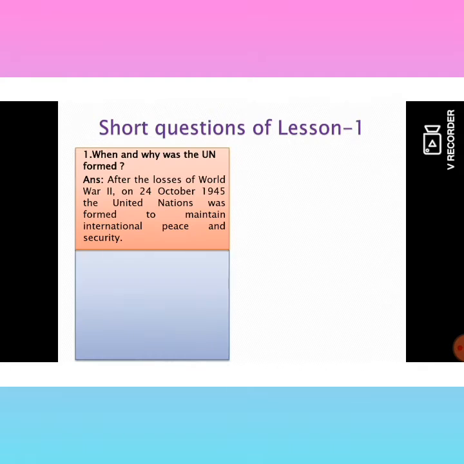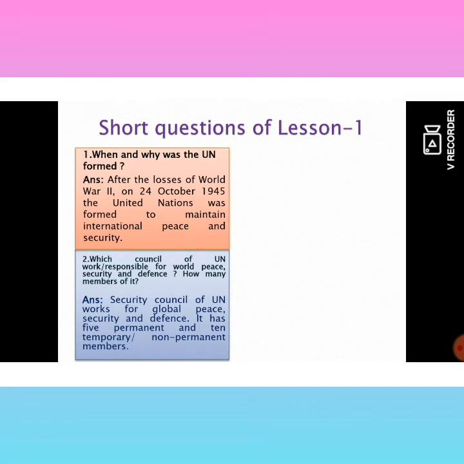Then, question number 2. Which council of UN is responsible for world peace, security and defense? And how many members does it have? Answer: the Security Council of United Nations works for global peace, security and defense.